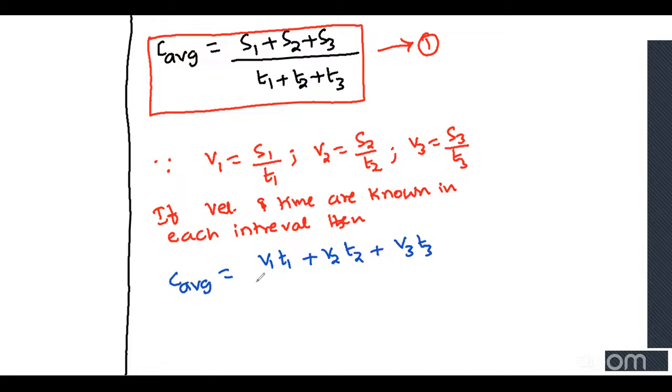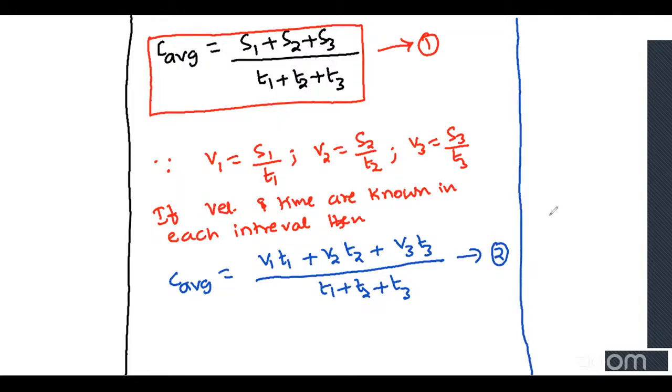So if they give velocity and time, I'll use this formula. If they give distance and time, I'll use the other formula.